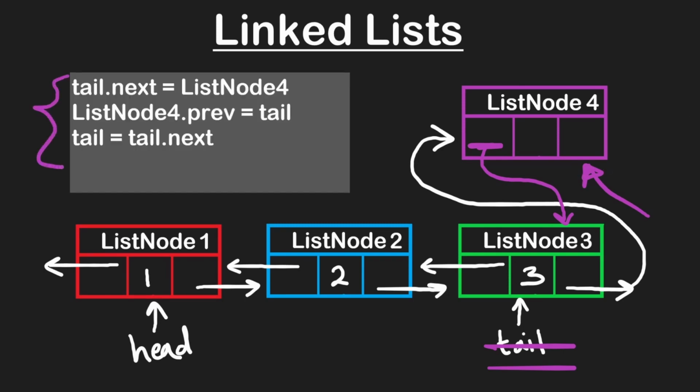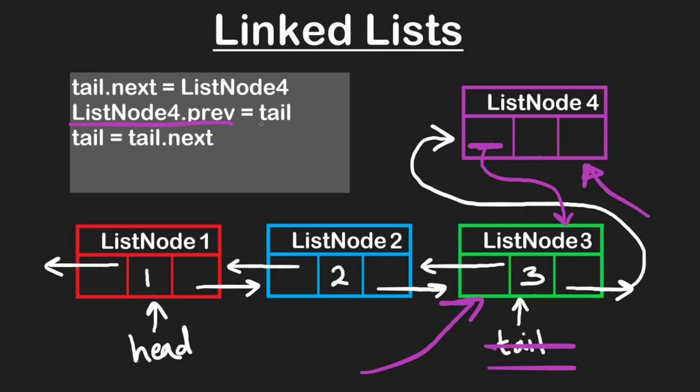This is how the code for that operation would look. We would first say tail.next is equal to the new node that we're inserting. We're connecting the pointers, we're adding that node to our list. We're also connecting the previous pointer of that new node. The previous pointer should be set to the current tail. Remember, our tail pointer was originally pointing at node 3, so that's what our previous pointer is going to be set to.